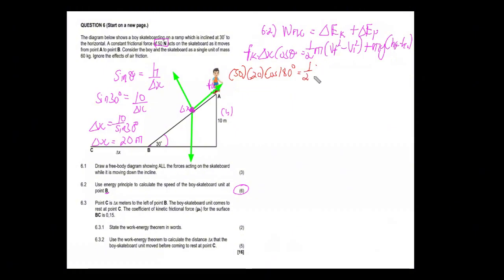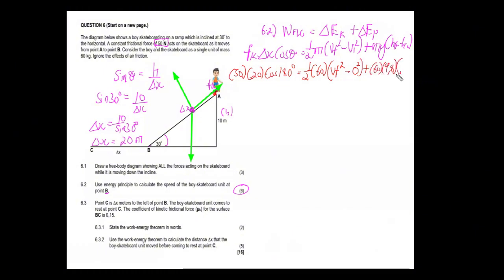So we have half. The mass is 60 kg, the unit, and then Vf squared final velocity. That's what we are trying to calculate. But then the initial velocity, we're just going to assume that the boy at this point was just standing on the ramp, right? Was just stationary on the ramp. So the initial velocity would have to be 0. And that mass is what?